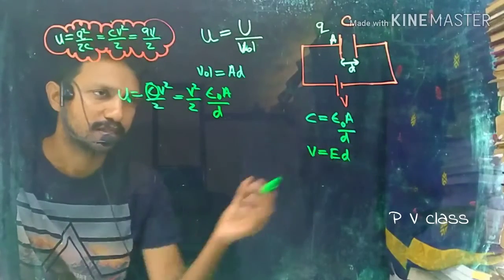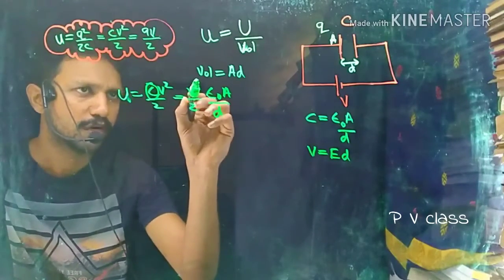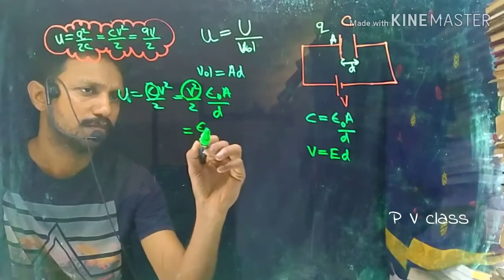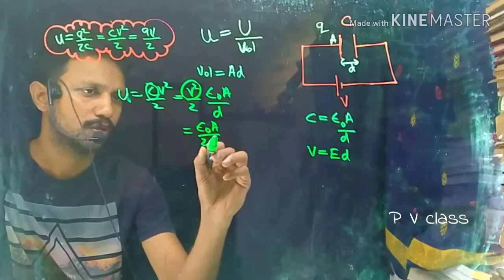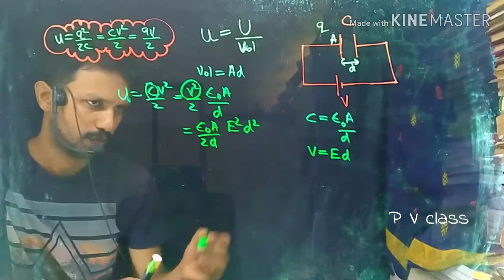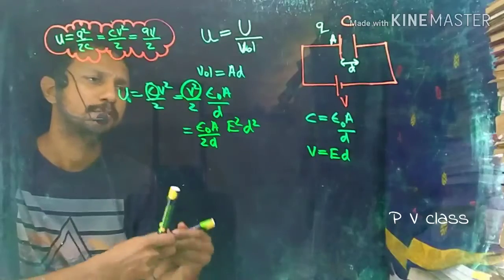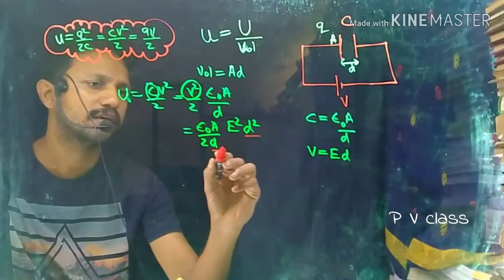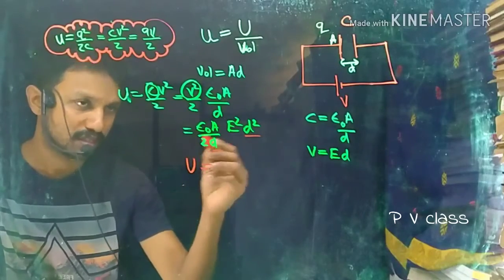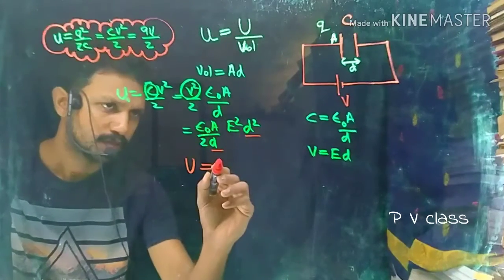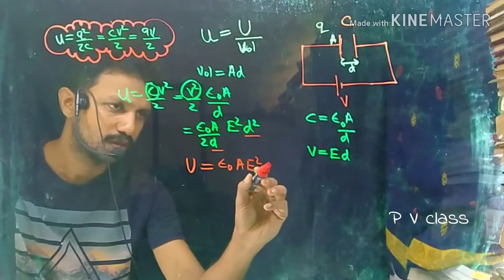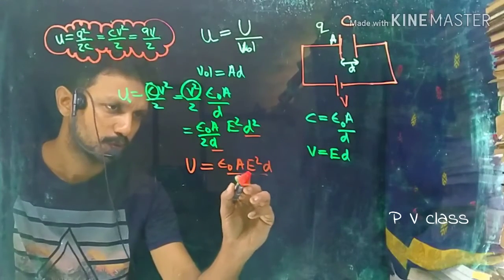Therefore, substituting for V square, all the rest terms are epsilon 0 A by 2D, and instead of V square, it should be E square D square. Then D square and D, one D will get cancelled, and the energy stored formula is transformed as epsilon 0 A E square D by 2.